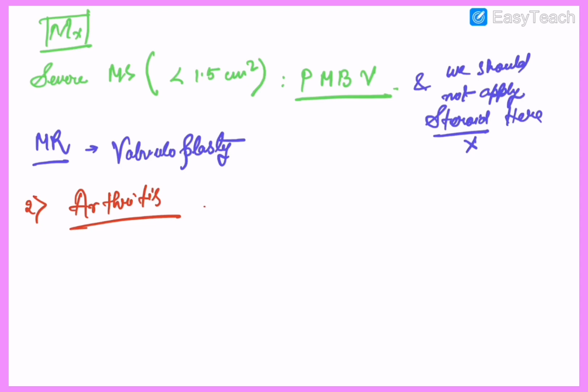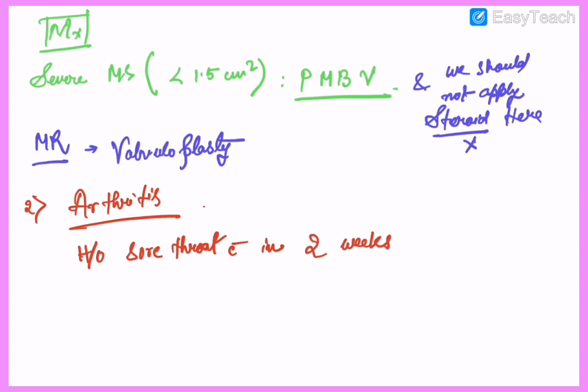A history of sore throat within 2 weeks, then ankle swelling, knee swelling, and elbow swelling.